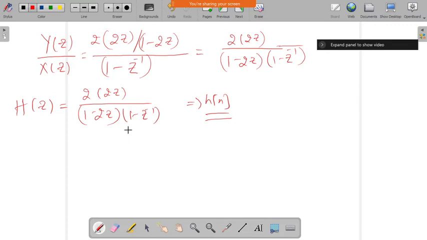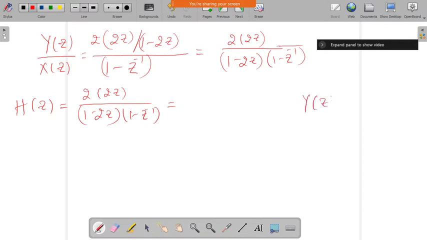Since we have both z term and z inverse term, convert this first into either z terms or z inverse terms, then only you will be able to do it. So if I multiply both numerator and denominator by z power, here we only have to do it for the expression itself.